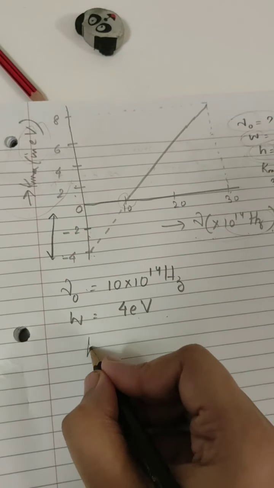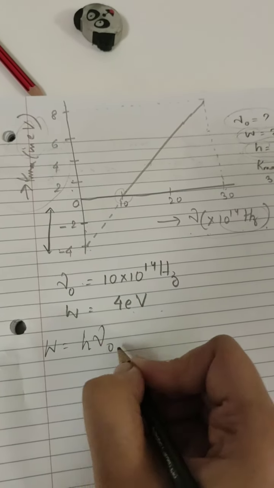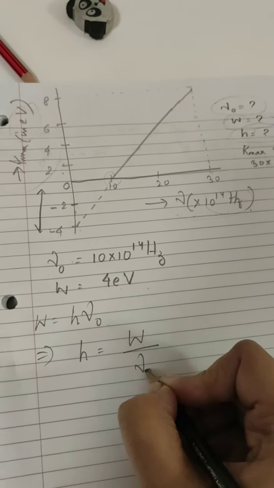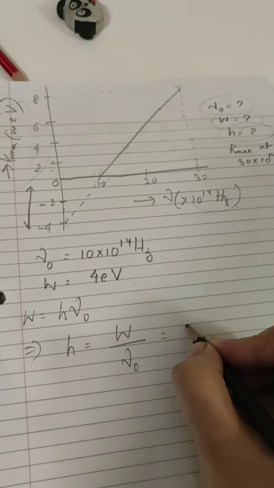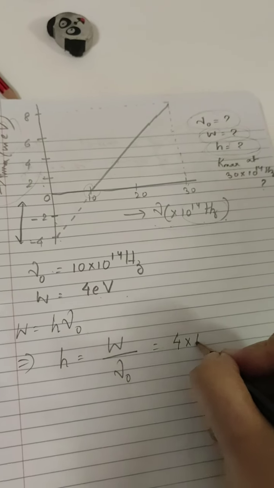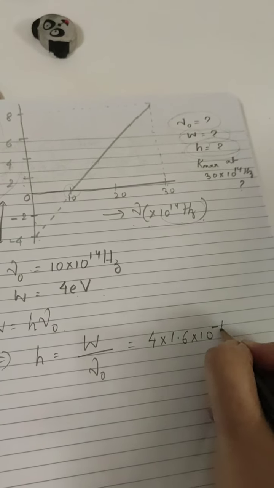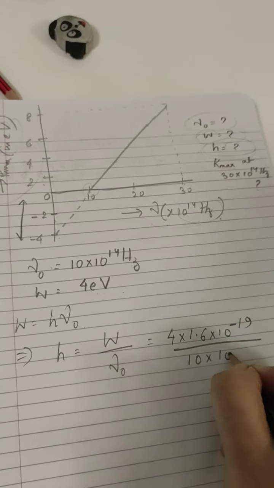W is equal to H nu naught. So H is equal to W by nu naught. W is 4 electron volt, that is 1.6 into 10 to the power minus 19, and nu naught is 10 into 10 to the power 14.